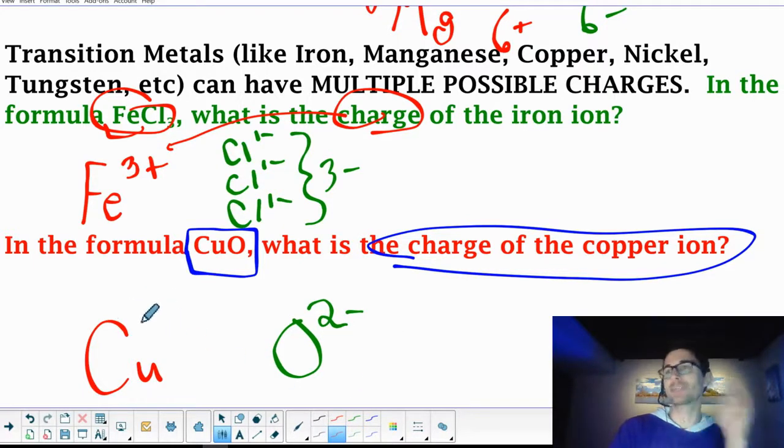It always eats roast chicken for dinner. It never varies from that. And so the only possible charge for copper is a 2+, because oxygen's got a 2-. There's only one oxygen in the formula, and the only way to balance it out is if the copper is a 2+.